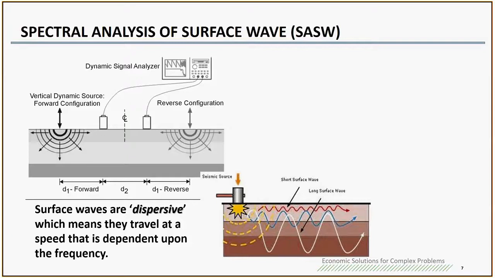The surface waves have one property: they are dispersive, which means when the wavelength is longer, the wave will go deeper, but when the wavelength is shorter, the wave is typically near the ground surface. So based on the frequency, it can separate the wave at different soil layers.